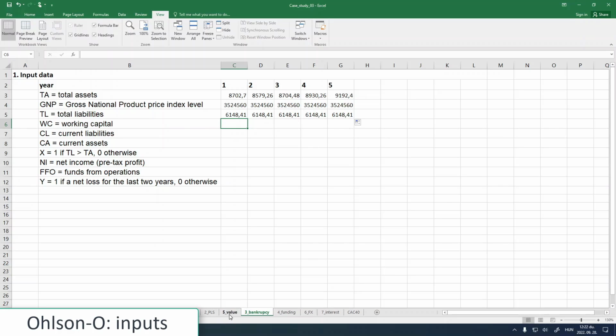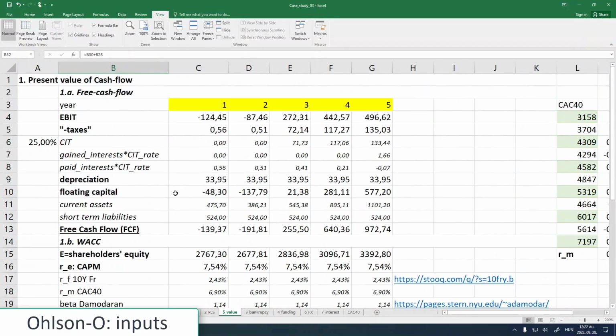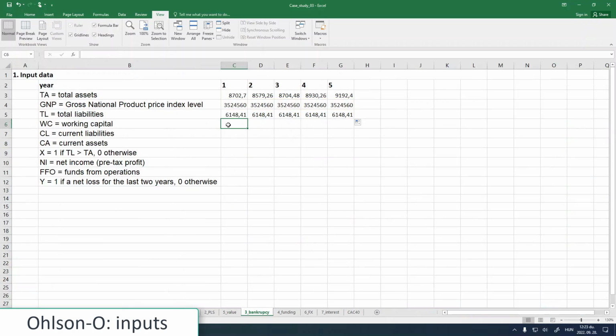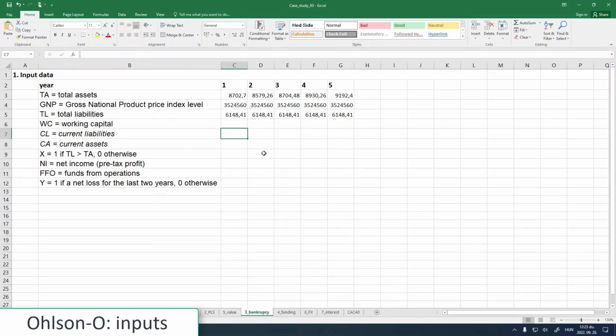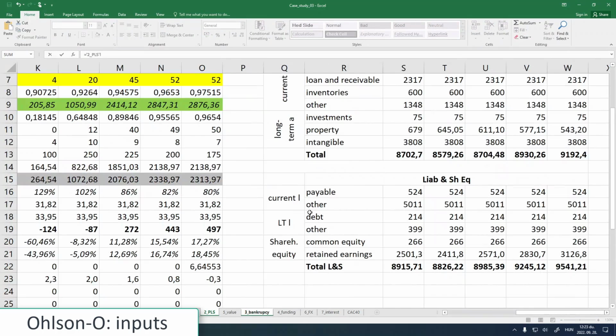Working capital. We had working capital last time as well, so it's quite close to floating capital. So we have to say that the difference between current assets and current liabilities. First we have to load in this kind of data. Current liabilities plus this one.